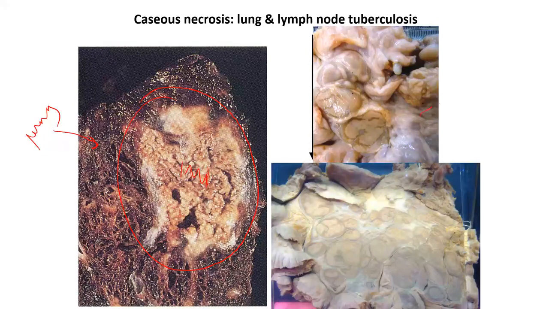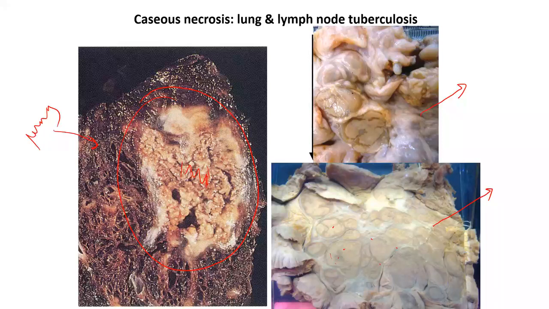Here is a lymph node with tuberculous caseous necrosis, and here again there is mesentery, and all these mesenteric lymph nodes are enlarged and adherent together, matted together, and the cut section of which shows destruction of the lymphoid tissue and replacement by this cheesy yellowish material.